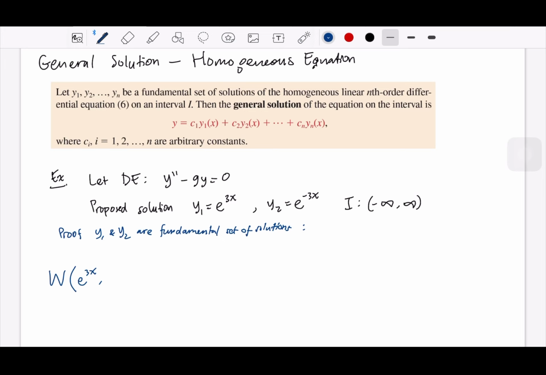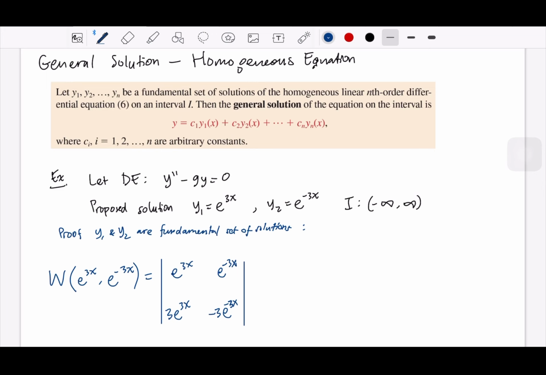Okay, now we take the Wronskian of e to the power 3x and e to the power negative 3x. Now we are going to arrange the determinant: e^3x, e^negative 3x, and this will be 3, we derive one time, and negative 3 e^negative 3x.